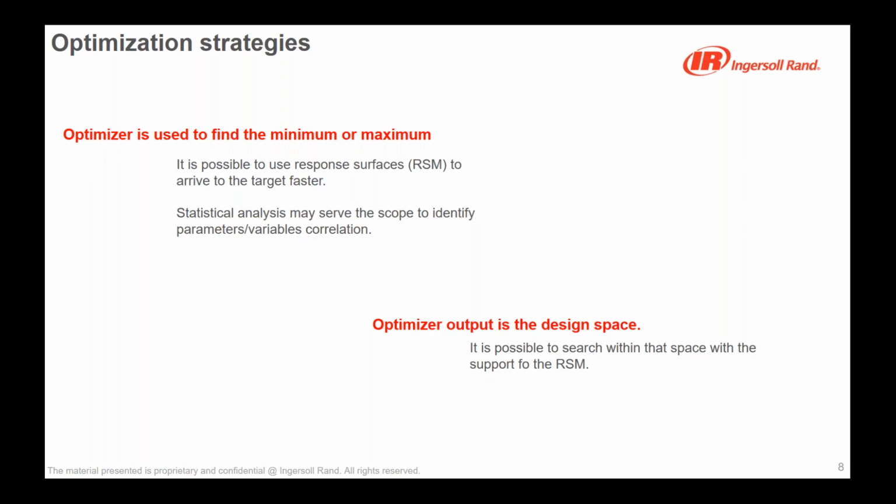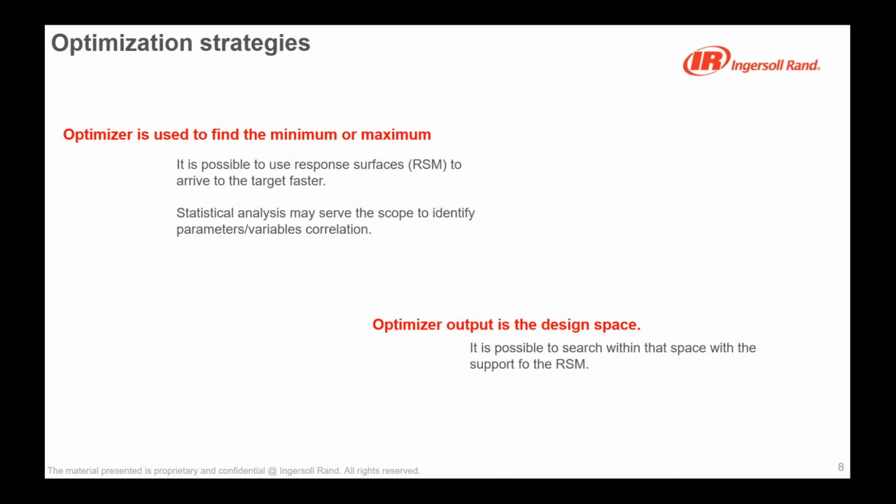Let's move on to the optimization strategies and make an easy remark about what an optimization looks like. When we talk about optimization, typically we have in mind finding the optimum of something. In terms of engineering, it is typically looking for a minimum or a maximum. What we're going to see is that while doing these activities using software like modeFRONTIER, it is possible within the standard optimization to add some features like the surface response methods, to get a faster answer, and we will see that.